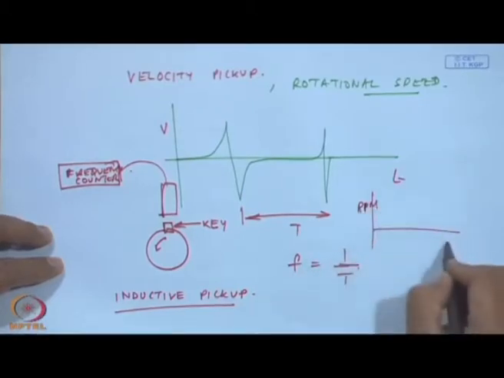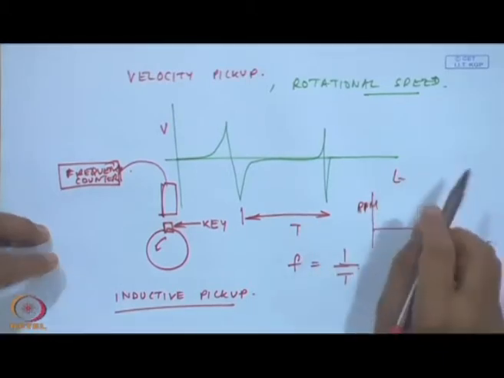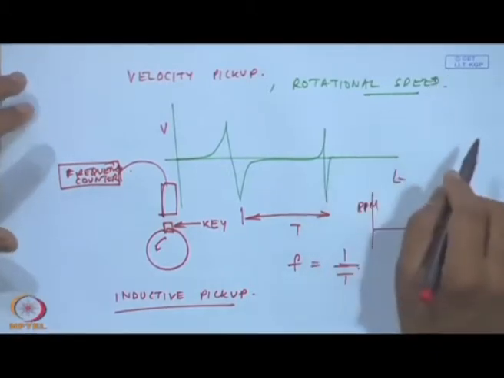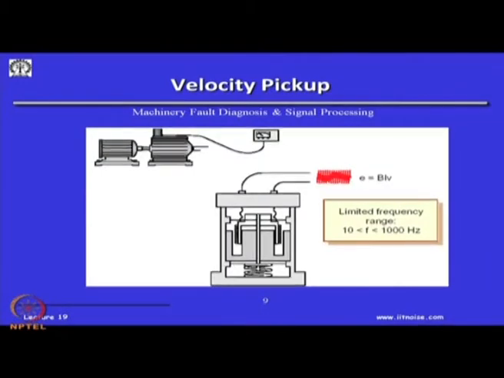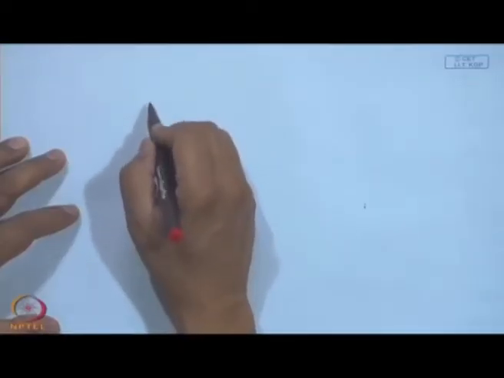Now, in earlier days, when the piezoelectric accelerometers were not developed, people were using such moving coil velocity pickups and eddy current pickups. But nowadays, with piezoelectric accelerometers available, we have only two important parameters which you need to measure.